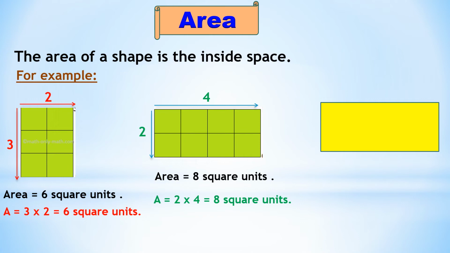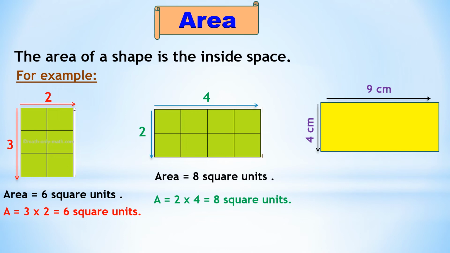We said we can find the area by counting, rows times columns, and length times width. If I know the length, and the length we said means the long side. The long side here is 9 centimeters and the short side is 4 centimeters.